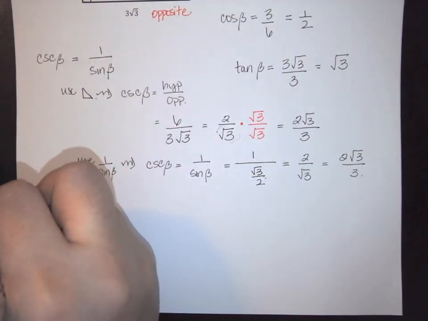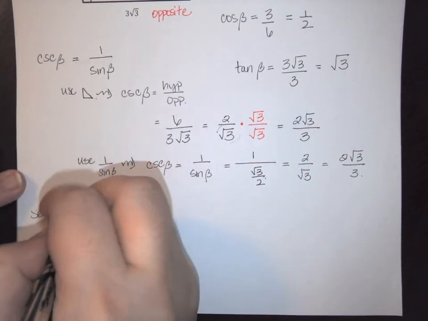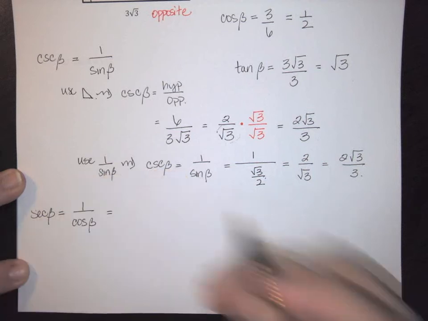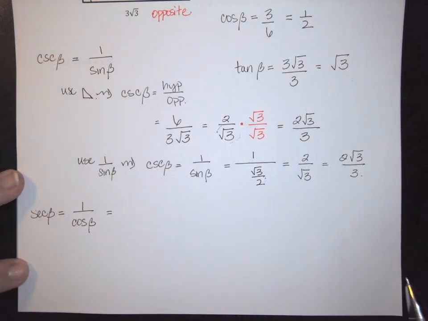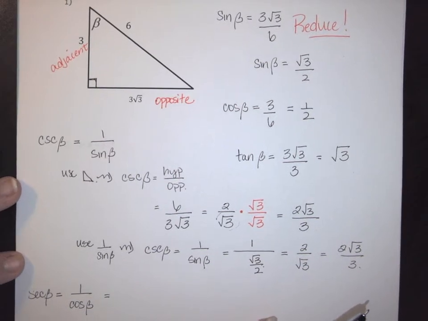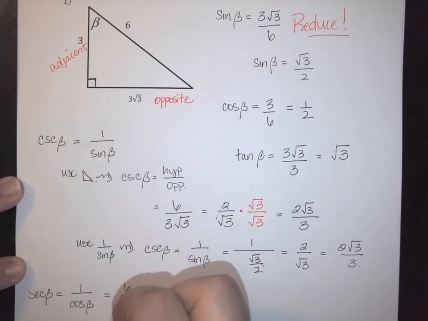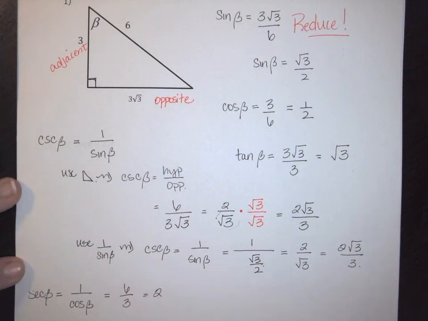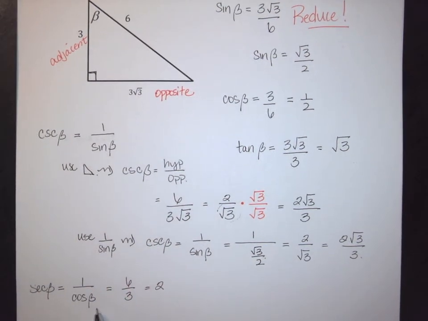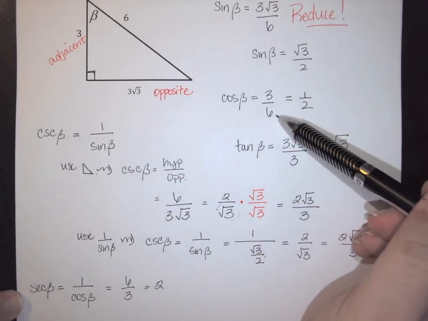Now we also have to find the secant of beta, which if you remember is 1 over the cosine. In this case, your cosine is adjacent over hypotenuse, so your secant would be hypotenuse over adjacent, so this would be 6 over 3, which equals 2. Again, if we use the reciprocal here, it would be 1 over 3 over 6.